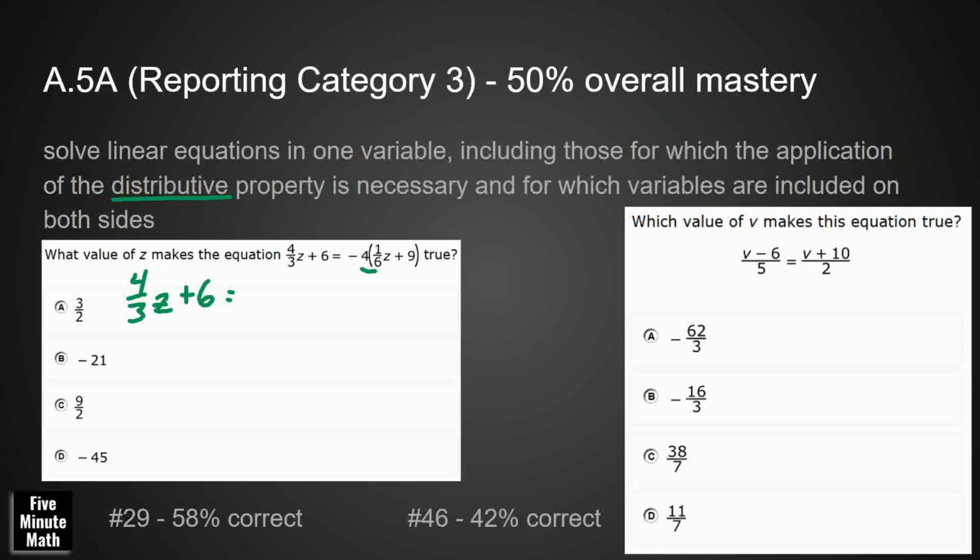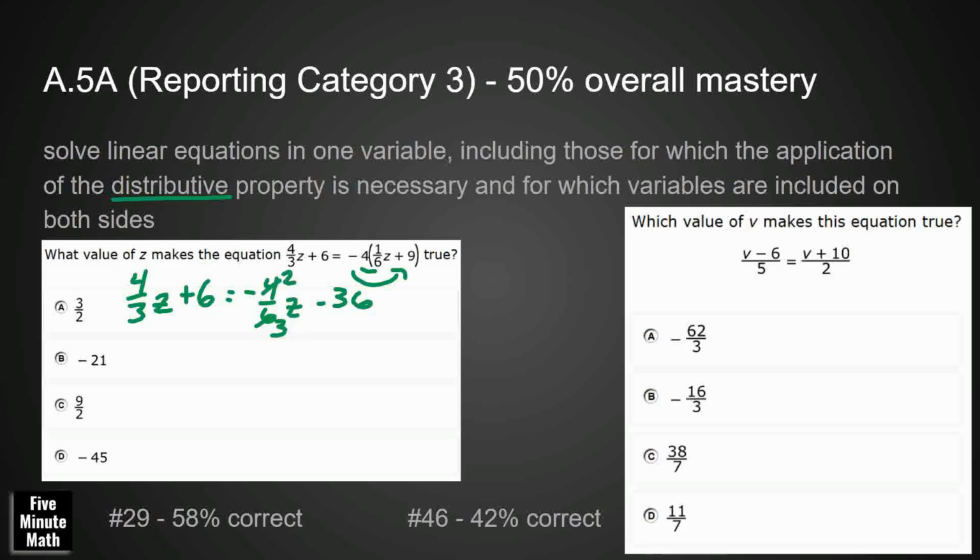So this is going to be -4 times 1/6 z. So that's going to be -4/6 z. Then I also need that -4 times the +9. That's going to be a -36. So let's go ahead and take away 36. Now this looks like, oh my goodness, look at all these fractions. It's not as bad as it seems because if I look at my -4/6, that's really just 2/3.